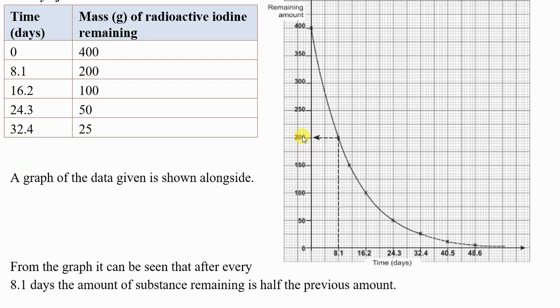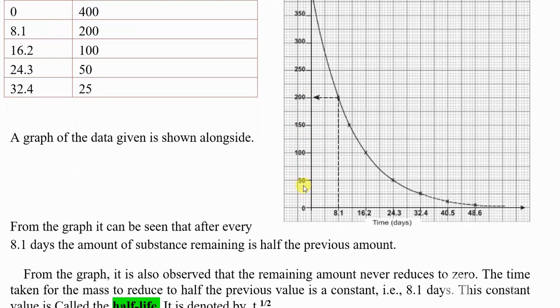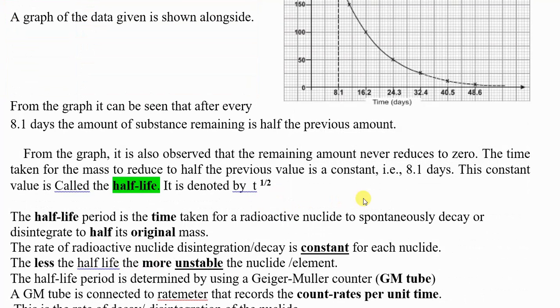The time taken for 200 to decay to 100 is another half-life. From 100 to 50 is another half-life. From 50 to 25, which is a half, is another half-life. So you should know it is a constant, and for this case, it is 8.1.